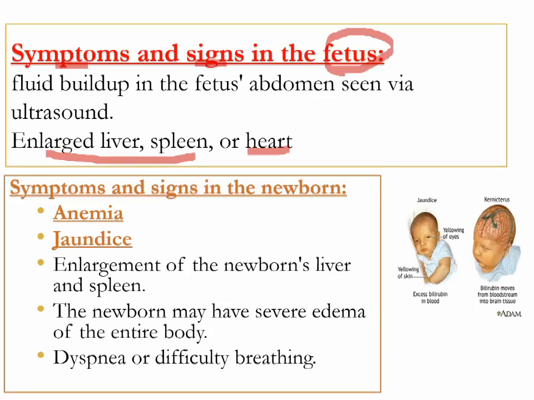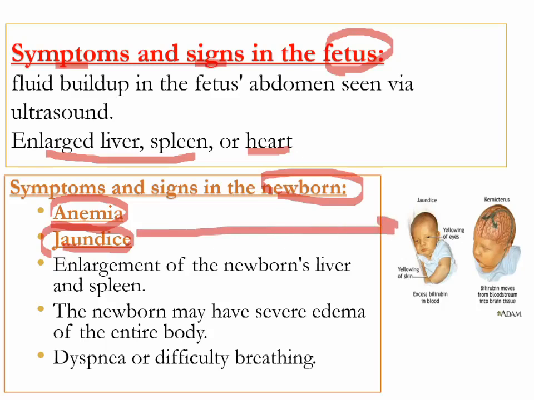If the fetus survived and was born, the signs and symptoms in the newborn will be anemia, of course, because of the hemolysis of the RBCs, so there is no hemoglobin; jaundice, which occurs due to the degradation of the RBCs, resulting in a product called bilirubin, and as you know, it will cause yellow coloration of the skin and the eyes; and enlargement of the liver and the spleen due to the degradation products and the overload on the body; severe edema; and dyspnea, or difficulty in breathing.